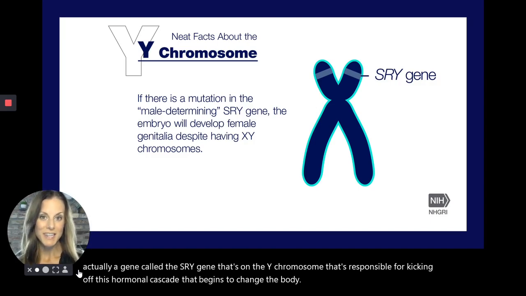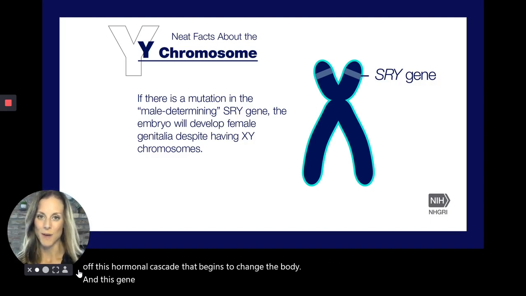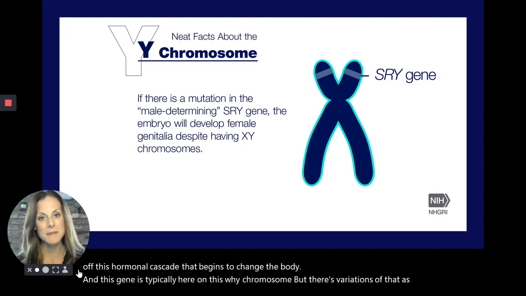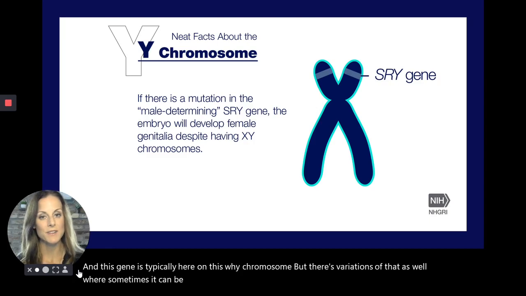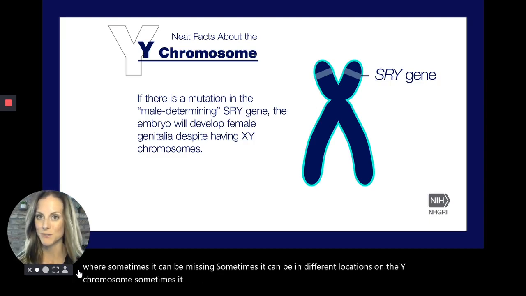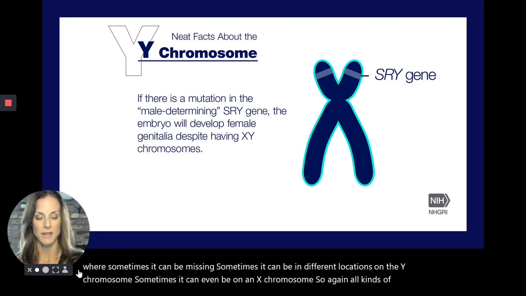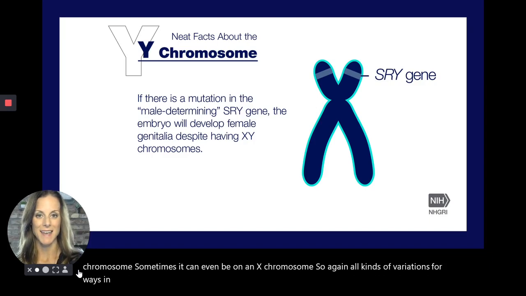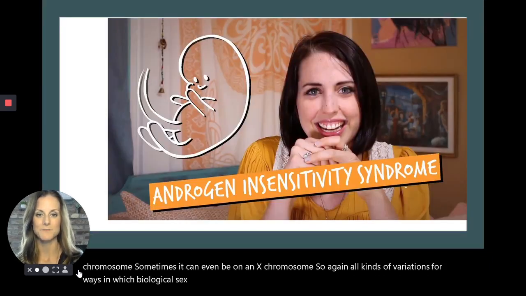And this gene is typically on the Y chromosome, but there are variations of that as well, where sometimes it can be missing. Sometimes it can be in different locations on the Y chromosome. Sometimes it can even be on an X chromosome. So again, all kinds of variations for ways in which biological sex can appear.